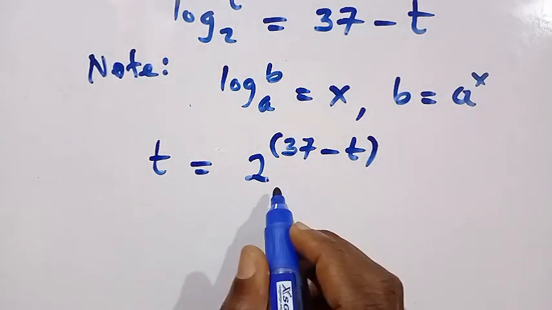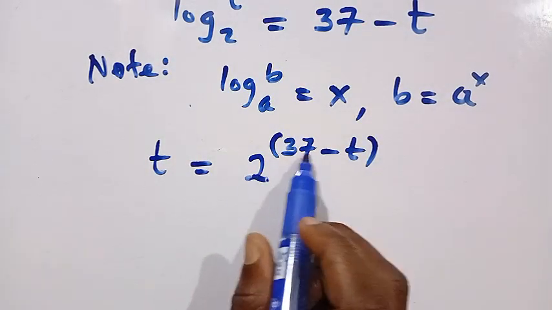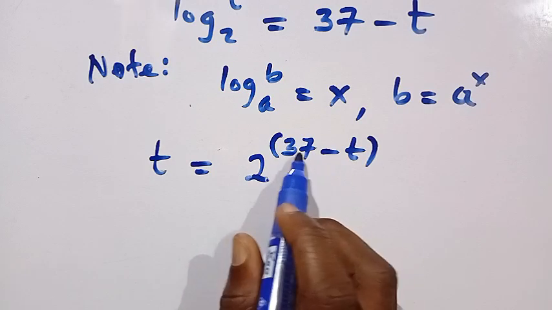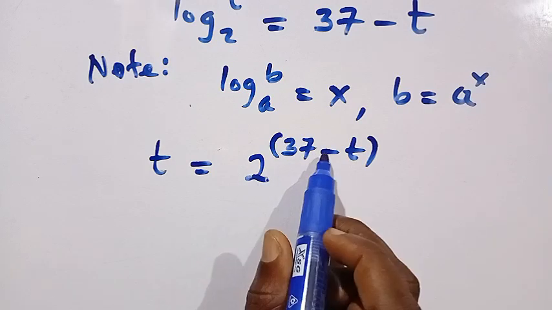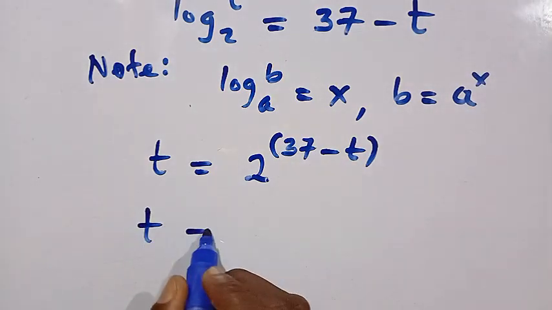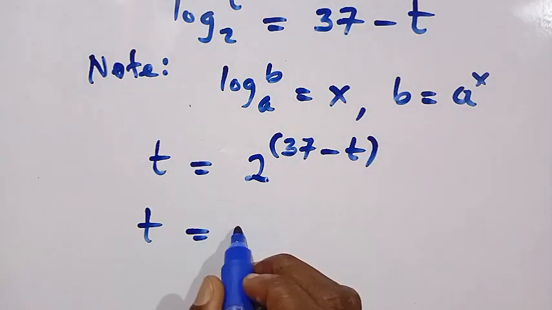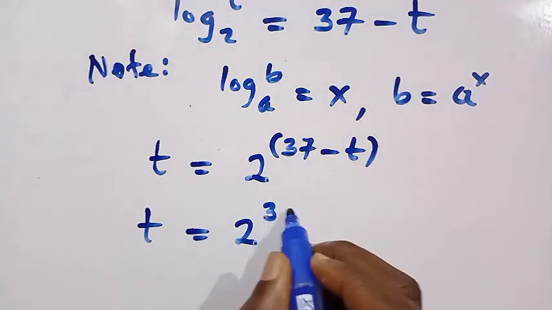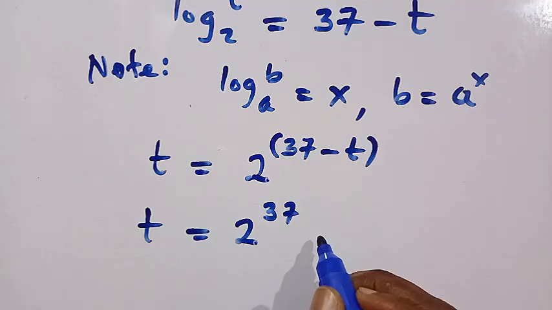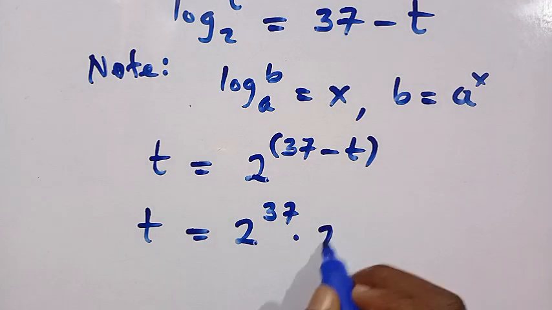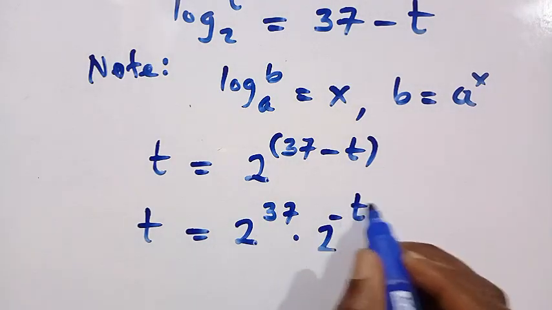By this property as well, if any number is raised to the power of the difference between two numbers, we separate them by the law of indices, which becomes 2^37 multiplied by 2^(-t).